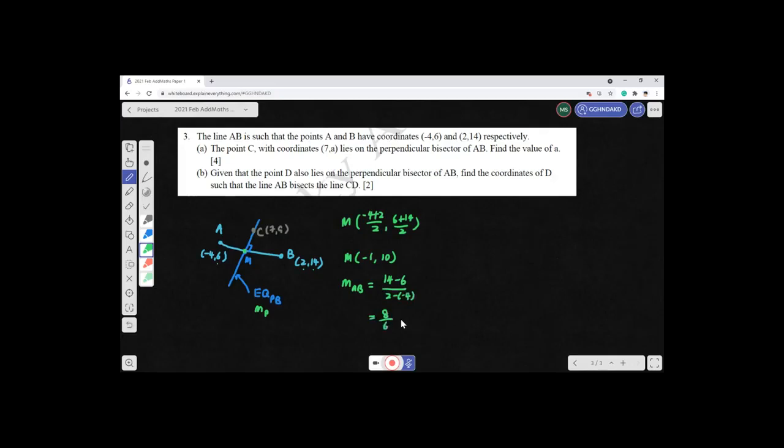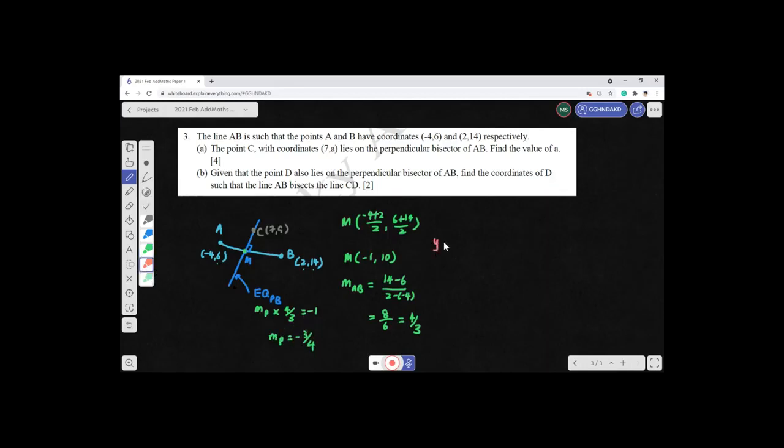So overall 8/6, which means 4/3. To find the gradient of the perpendicular, I need to times the gradient of AB equal to -1. The gradient of the perpendicular will be -3/4. That's the perpendicular bisector gradient, just the gradient.